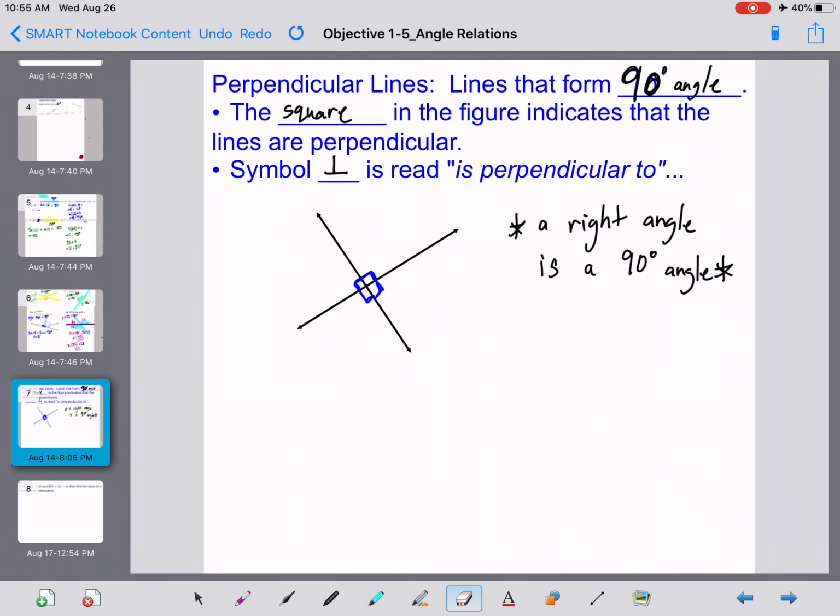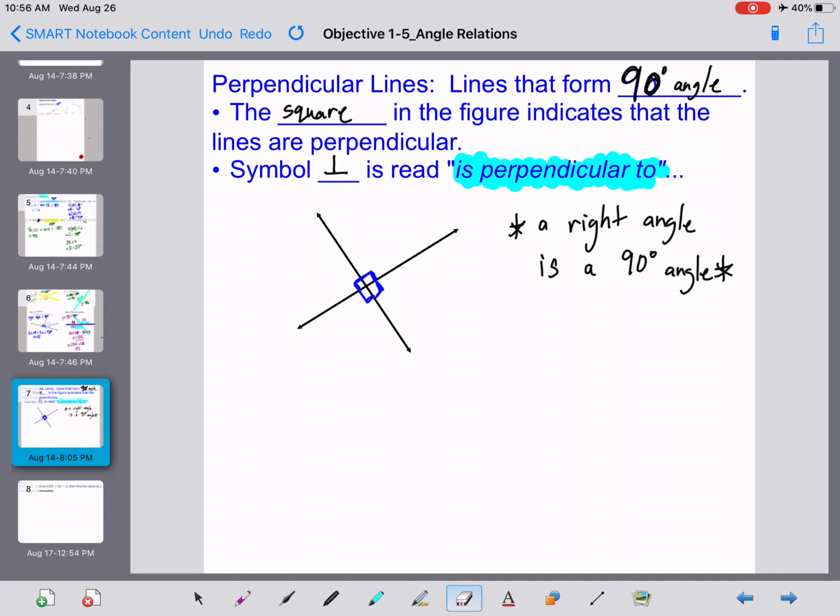So one thing that we didn't talk about in the other video was perpendicular lines. When lines are perpendicular, they form a 90-degree angle. And the square in the figure indicates that the lines are perpendicular. The symbol that we use for perpendicular is an upside down T, and whenever you see that symbol, you want to replace it with the expression "is perpendicular to."